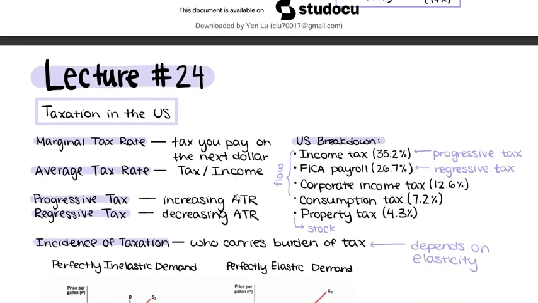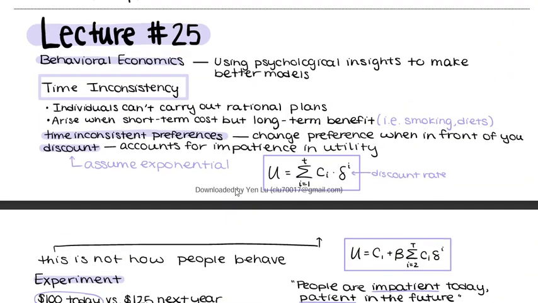Now we are going to take a look at behavioral economics. It's about using psychological insights to make better models. Because before, we modeled supply and demand, monopoly, perfectly competitive markets and oligopoly.